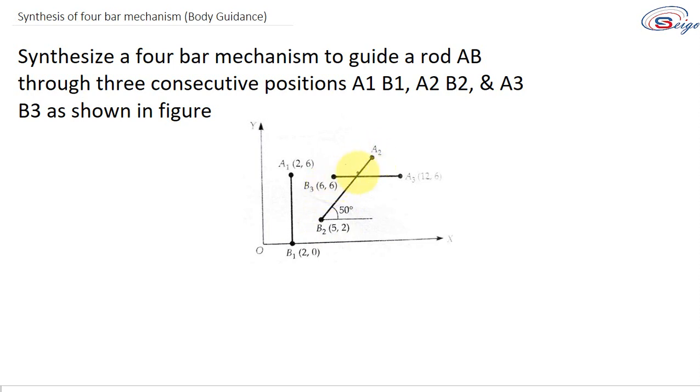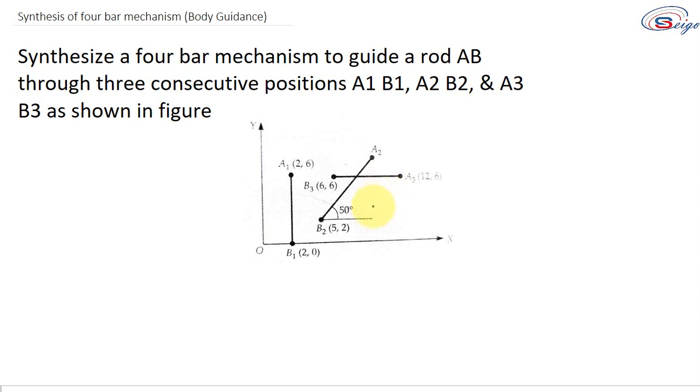Next is B3 and A3. A3 is at 12, 6 and B3 is at 6, 6. First you have to plot exactly the points and complete the rod A1, B1, A2, B2 and A3, B3.